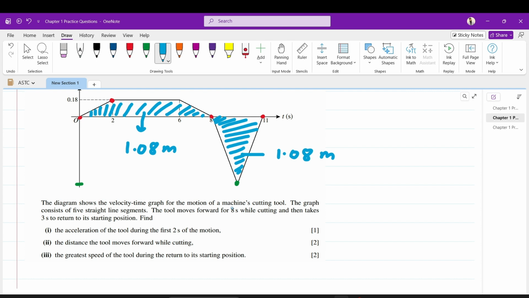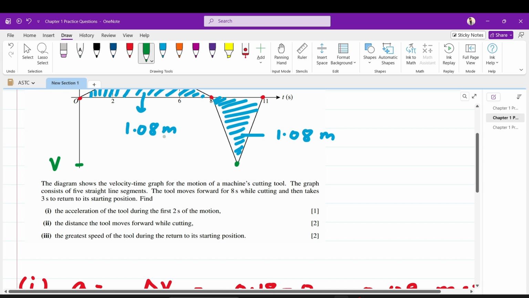Now, if I apply the formula of area of triangle again, right? So what I can do is I know that the base is 3, so that will be 11 minus 8, and the vertical distance that is going to be v. That is what we need to find out. So the height of the triangle is going to give me the value of velocity.